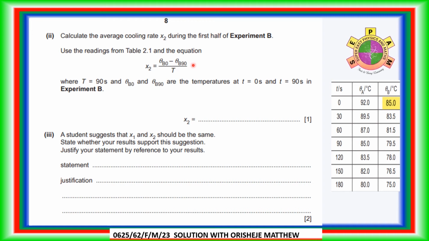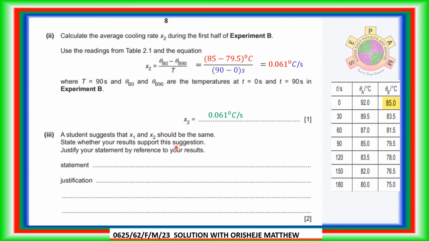So in 90 seconds, that's from 0 to 90 seconds. So substitute, that will give 0.061. So where T, you already know that, so evaluate the cooling rate for the second experiment, which is 0.061 degrees Celsius per second.